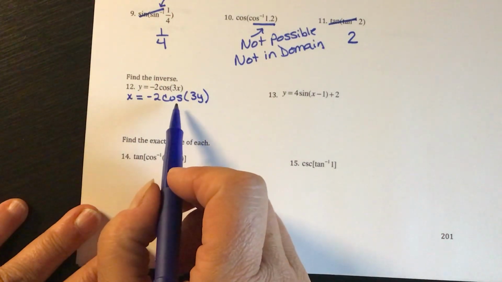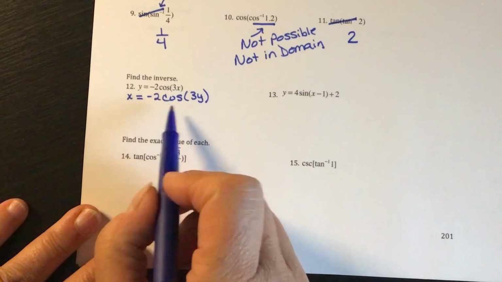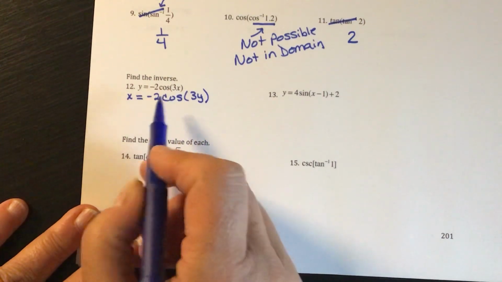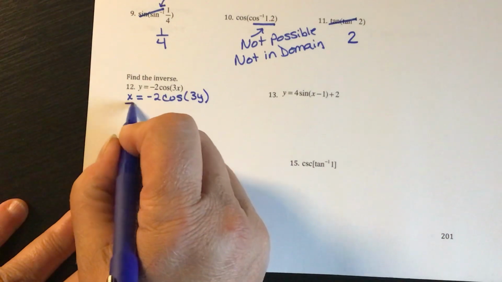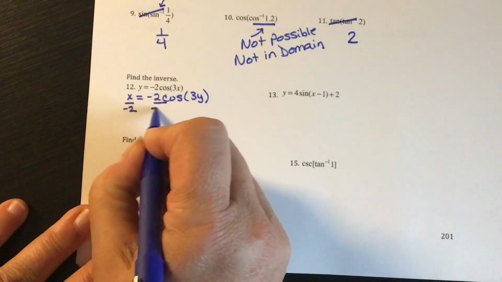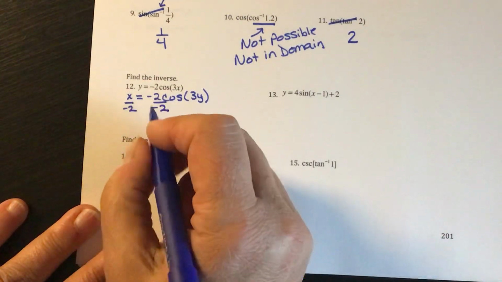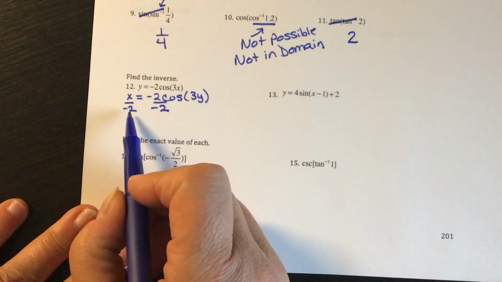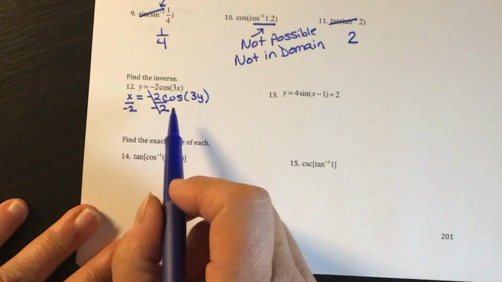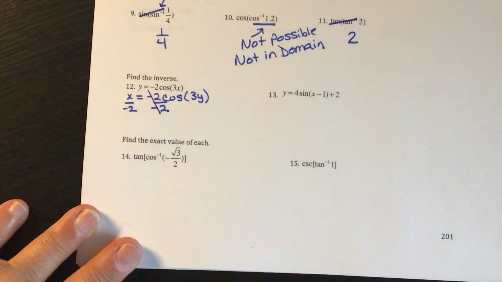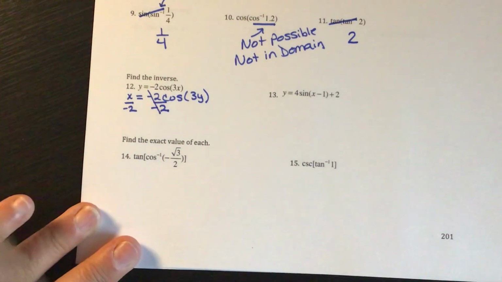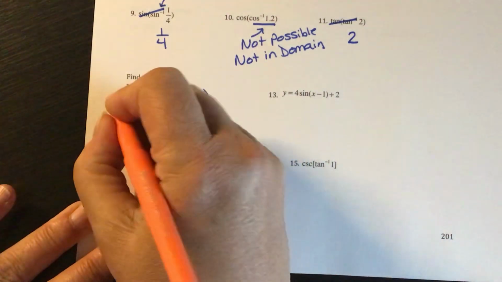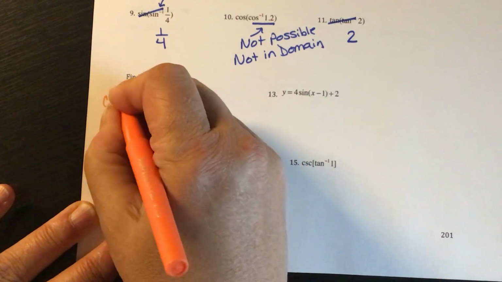So before I can undo the cosine or do the inverse cosine, I have to divide both sides by -2. So I have x over -2 equals cosine of 3y. And now I can do inverse cosine on both sides.